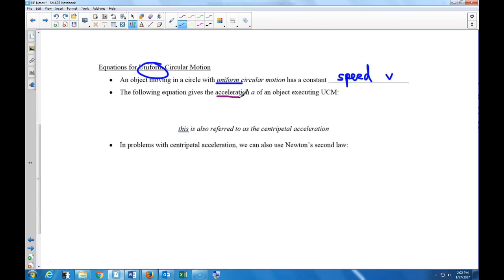Here's how you calculate the centripetal acceleration of an object in uniform circular motion. You take the speed, you square it, and you divide by the radius of the circle. Now we can use Newton's second law, which says that the net force is equal to mass times acceleration. And we can calculate the net force on an object moving in a circle.